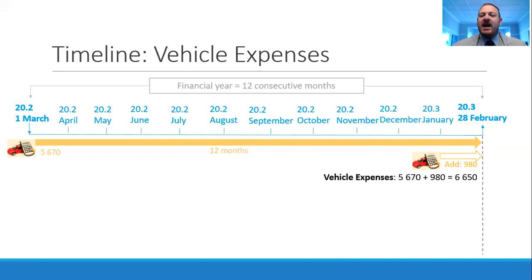So we would need to add to vehicle expenses. That 980 Rand must be added to that initial amount of 5,670 Rand. Okay, so again, the adjustment here is the expense needs to be increased, and then accrued expenses, the liability, would need to be credited because that liability needs to be increased as well by that amount that was due for this particular financial period. Okay.